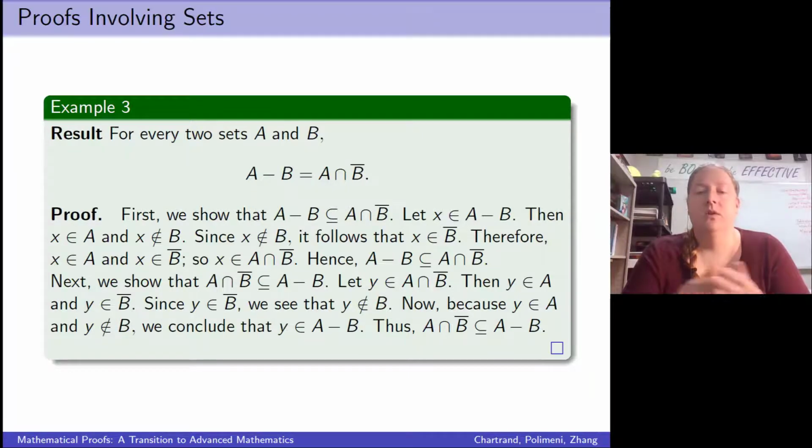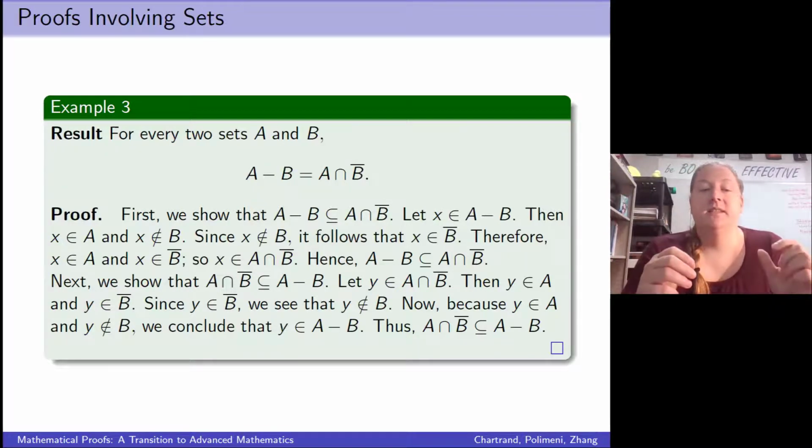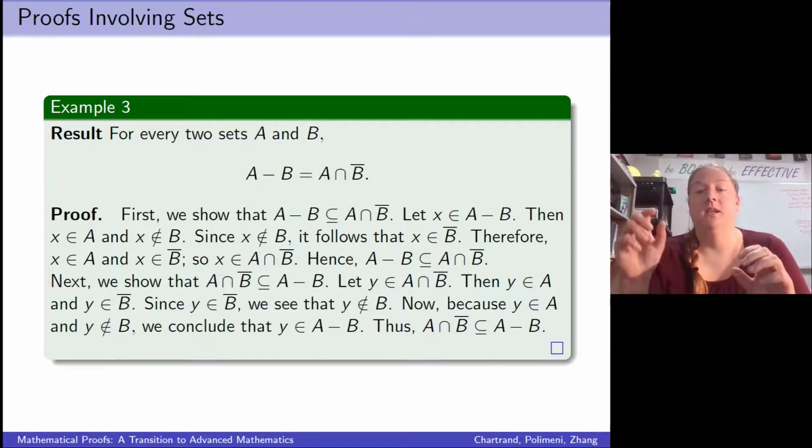Now, X not being in B means that X is in B's complement by the definition of our complement. So we have X is in A and X is in B complement. Another way that we can write that is X is in A intersect B complement. And in doing so, we've shown that an element that's in A minus B is also in A intersect B complement.